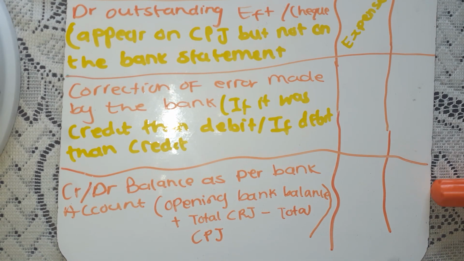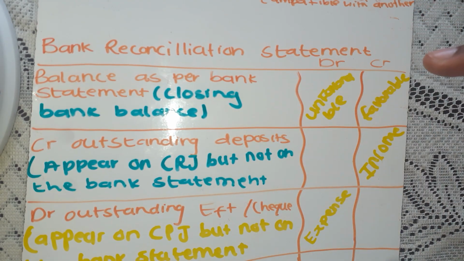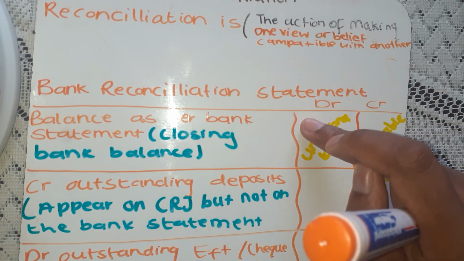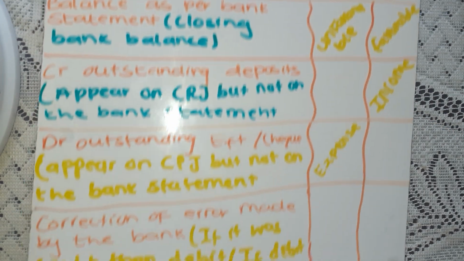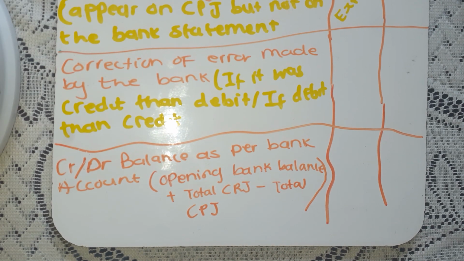You will be given an opening bank balance if you are not given the closing one. So when you're not given the closing, you take the opening bank balance plus the total CRJ that you had done, and then you minus the total CPJ.